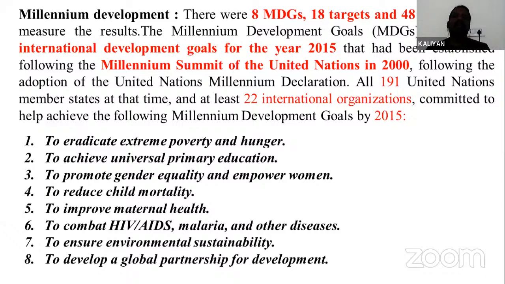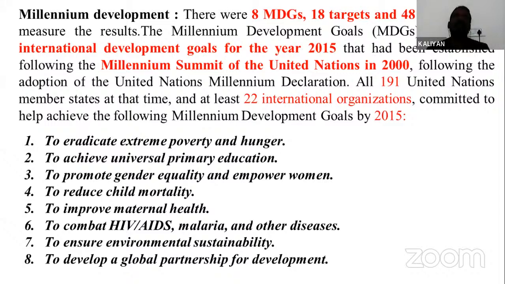In Millennium Development, there are 8 Millennium Development Goals, 18 targets and 48 indicators. Basically, the Millennium Development Goals were 8 international development goals for the year 2015. They were established at the Millennium Summit of the United Nations in 2000, and the goals were adopted in that summit.